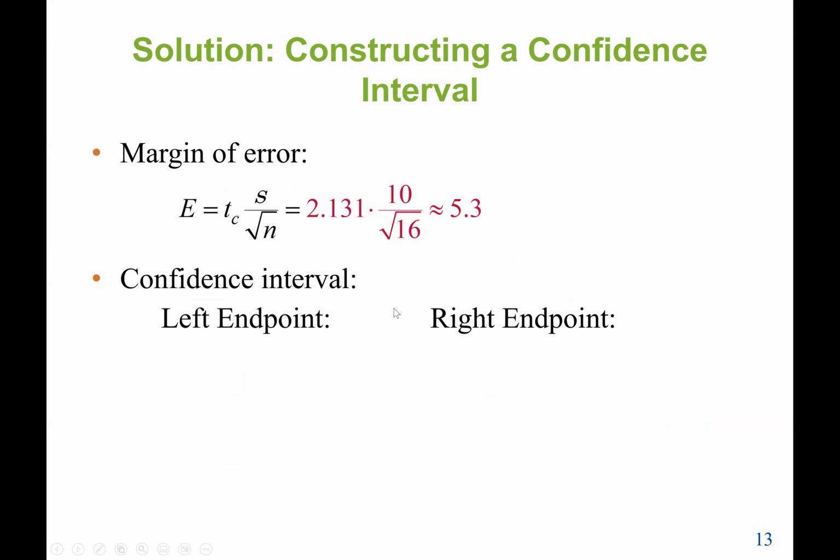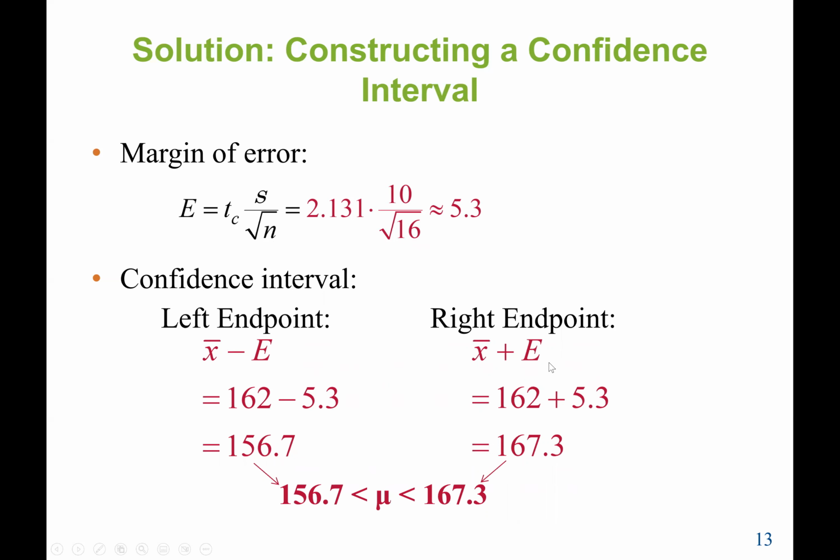Now that we know the E, we can form our endpoints: X bar minus E for the left endpoint and X bar plus E for the right endpoint. So approximately the population mean will be greater than 156.7 and less than 167.3 with a 95% confidence interval.